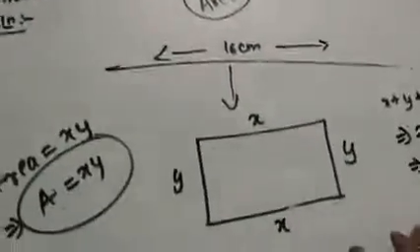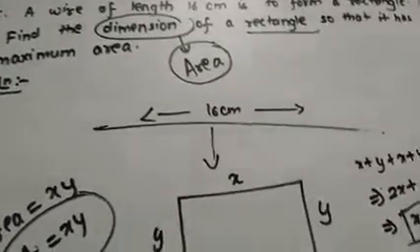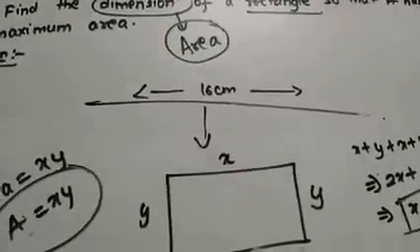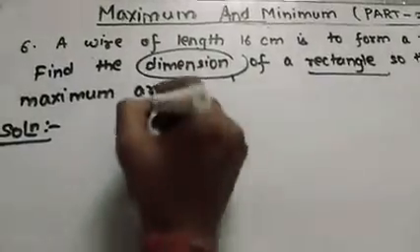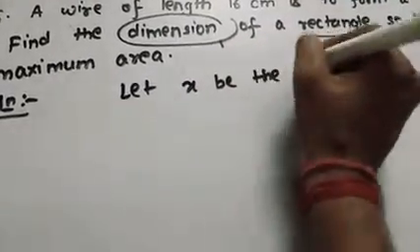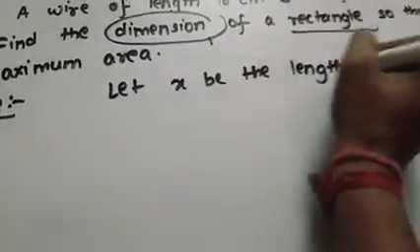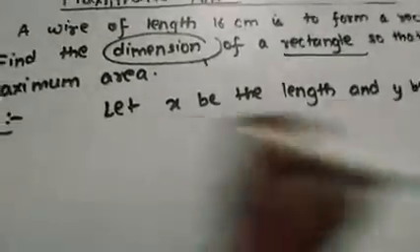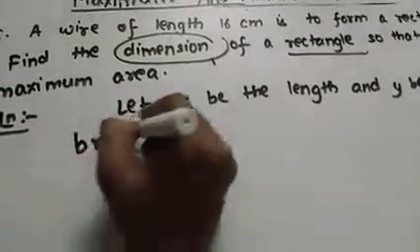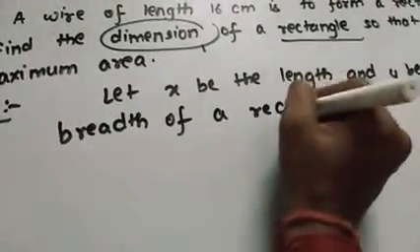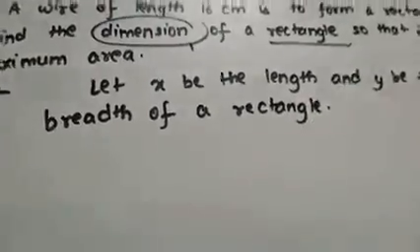That means we have to find this area when its area is maximum. So what we have to do basically, you will write: let x be the length and y be the breadth of a rectangle.